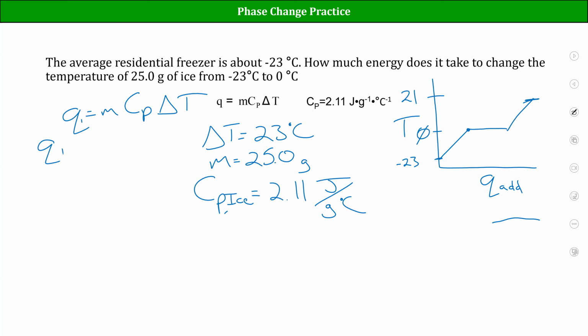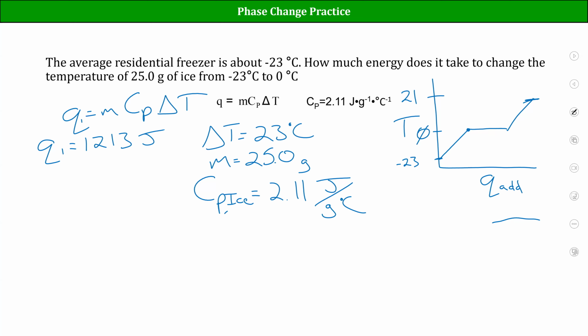I'm going to call this Q1, so this is our first step. 25 times 2.11 is pretty close to 50 times 20, so we get something around 1,000. And how many sig figs do we get to keep?